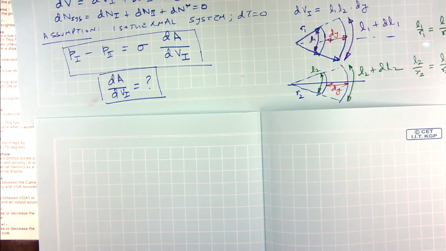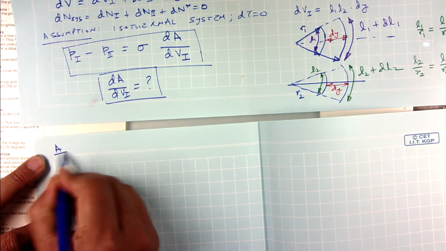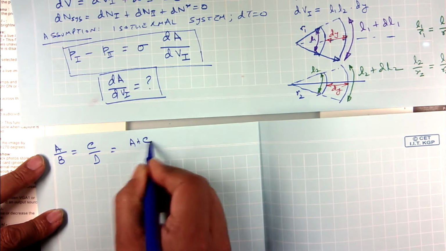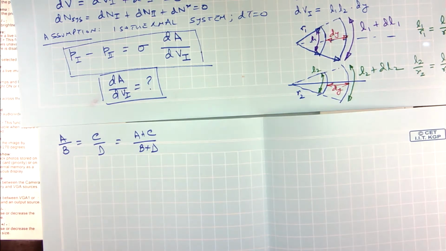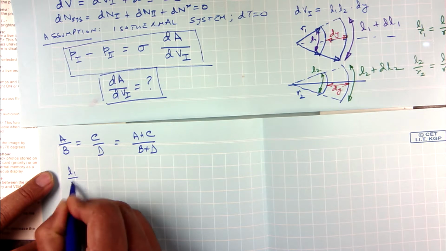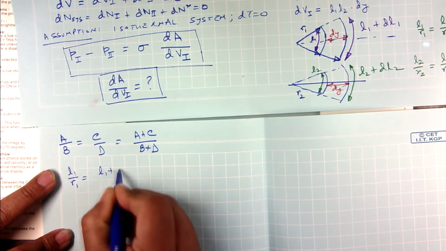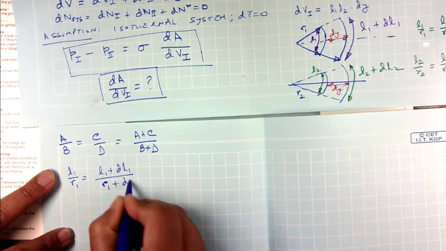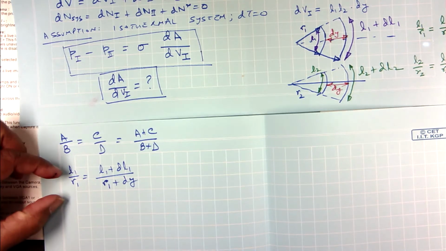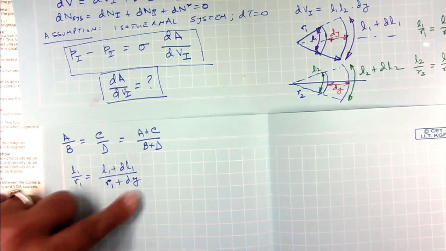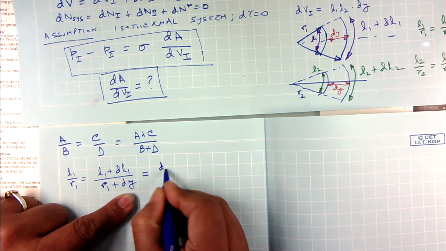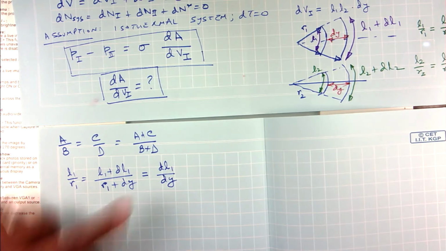It says that if A by B is equal to C by D, that is equal to A plus C divided by B plus D. Very simple, isn't it? So, if I look at this equation, I have L1 by R1 is equal to L1 plus dL1 divided by R1 plus dy. So, A by B is equal to A plus C divided by B plus D. So, that should be equal to C by D, which is dL1 by dy. You all agree with me?